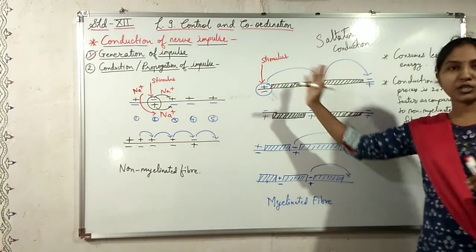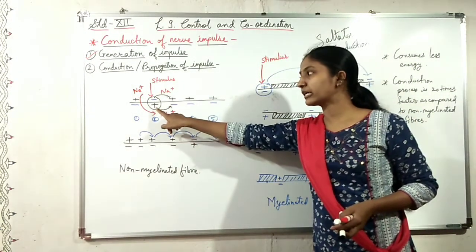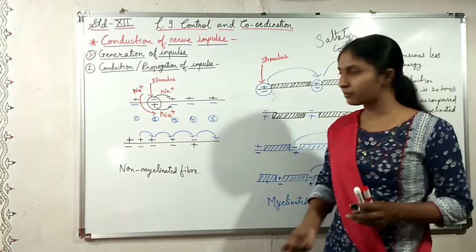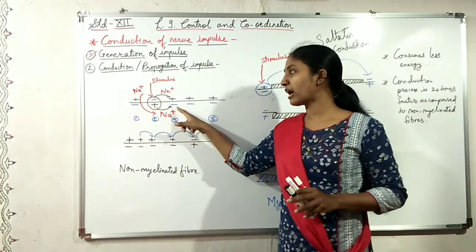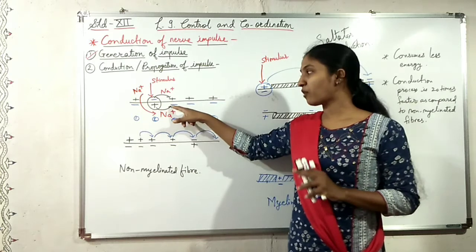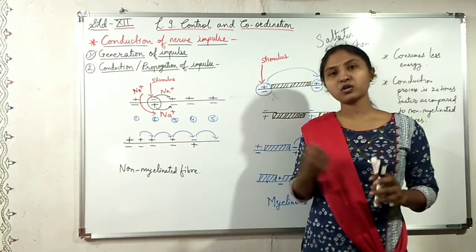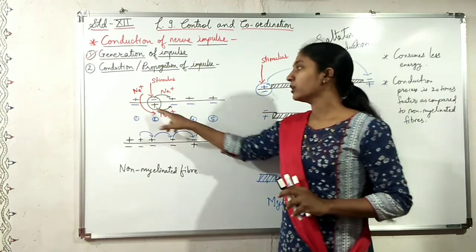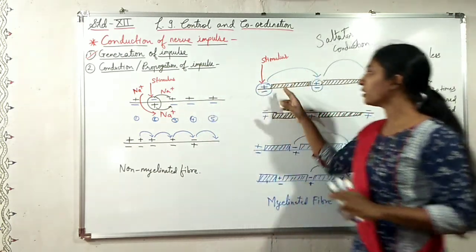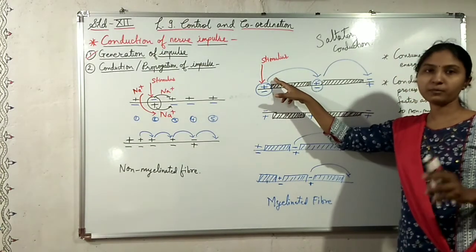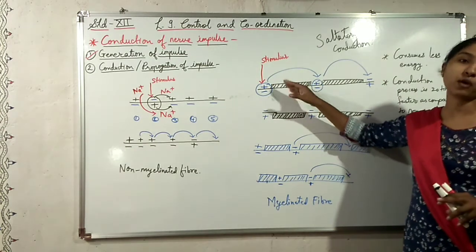So, the conduction or propagation of nerve impulse we have seen. If the nerve impulse is generated at one point in the non-myelinated fibers, it moves from one point to another point through the attraction of negative and positive charged ions. Here the loops are very small, so it can move easily to the next point. But in the myelinated fibers the loops are larger, so the impulse has to jump from node to node.